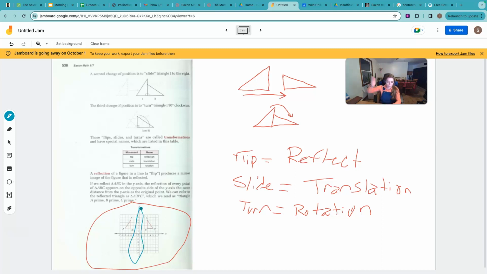It's vertical. So here we can see triangle ABC has been reflected across the y-axis. Now, we could also say that it has been reflected and then it's been slid. It's been put on a truck. It's been translated. Translation, right? So we have a reflection across the y-axis and a translation, a slide.